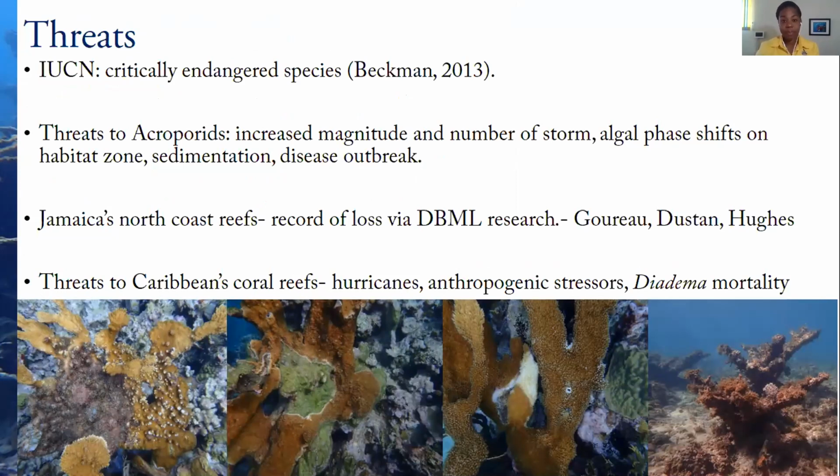And the other factors that would have led to it being listed as critically endangered is that there has been a decline in the geographic range of the species across the regions where they're originally found, as well as at least a 50% probability that the species will actually go extinct in the next 3 generations or 10 years.